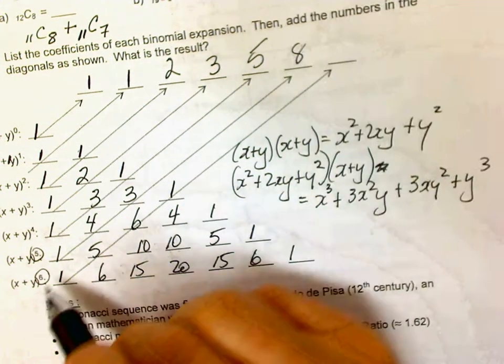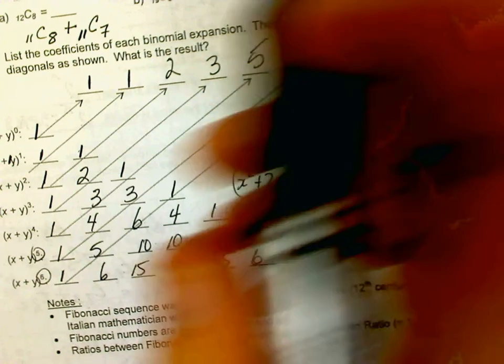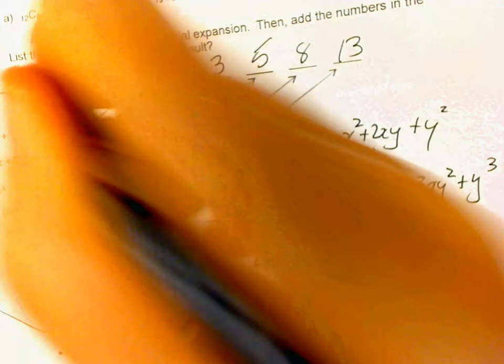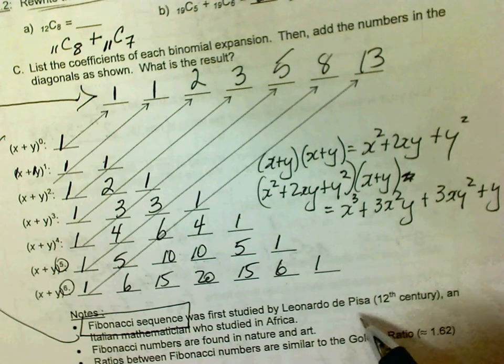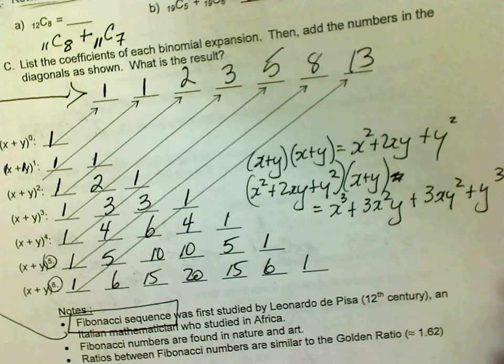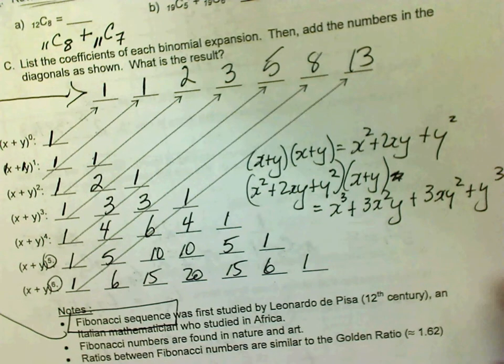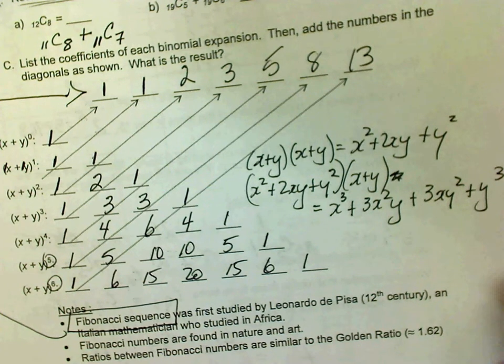This is called the Fibonacci sequence. Yes, it was discovered by an Italian person, Fibonacci. So the Fibonacci sequence is where any number equals the sum of the previous two numbers.